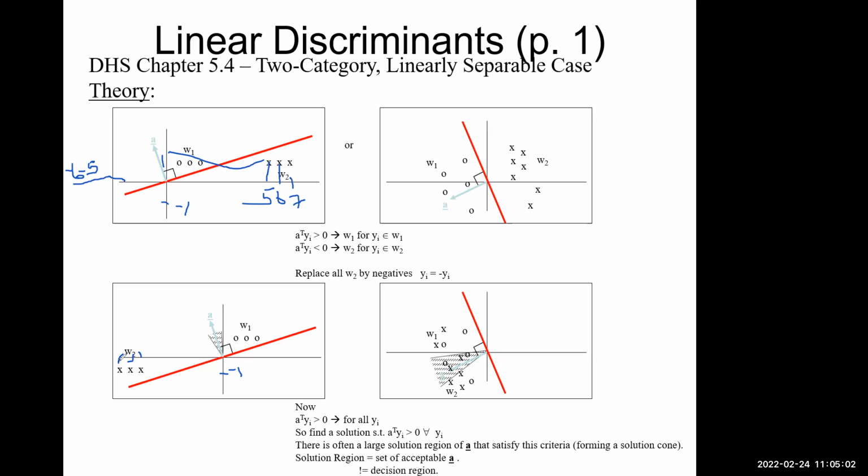If it's class 2, negate the features. Class 1, keep your features. And everything's on the same side of the line. Similar to here, we've got feature values that we then just negated. And now everything's on the same side of the line.